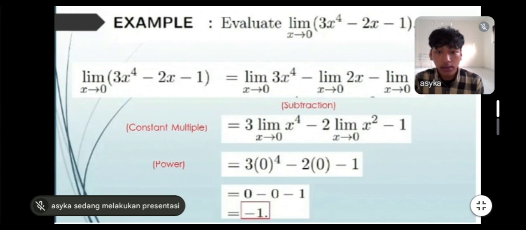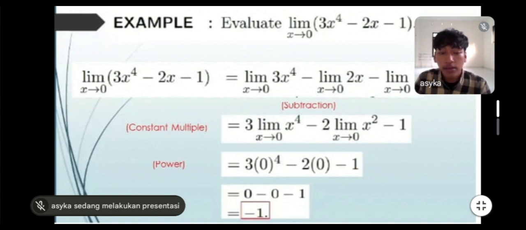We will use the subtraction theorem, and then it equals 3 times the limit as x approaches 0 of x to the power 4, minus 2 times the limit as x approaches 0 of x, minus 1, which equals 3 times 0 to the power 4, minus 2 times 0, minus 1.